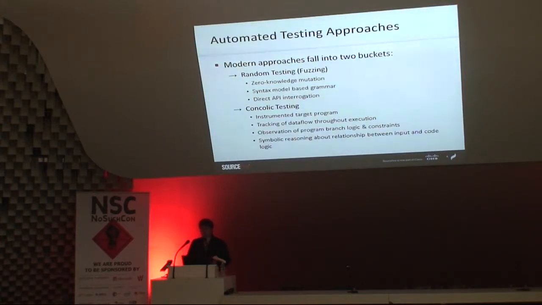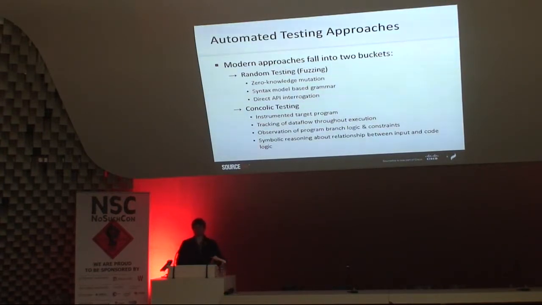And then finally, there's direct API interrogation for fuzzing, and the problem with this, of course, is that you can send random integers as part of your parameters to a function and hit boundary cases and look for integer overflows, but we always have the problem with reachability and not knowing if you can actually send the triggering integer value through the code logic that gets there. There's oftentimes constraints in the way. There may be checksums, there may be simply no possible feasible path starting from an external input to get to that API. So concolic testing is what we're really interested in, though.